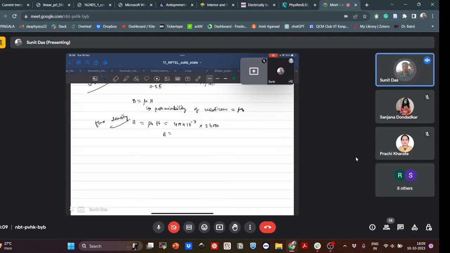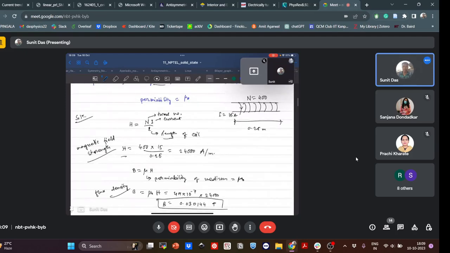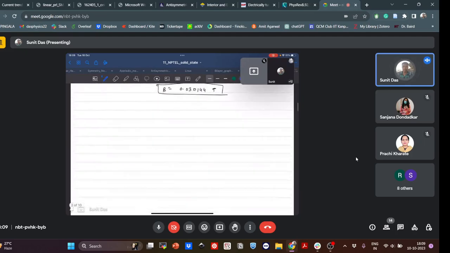So the final B will be in Tesla. So this is the magnetic flux density and this is the strength. Okay, so next question.